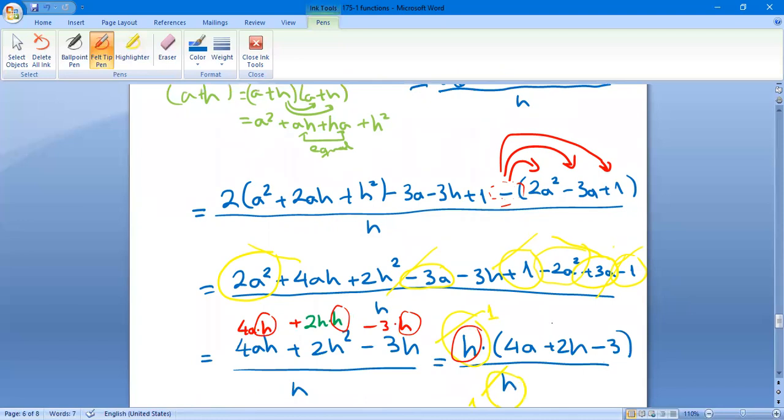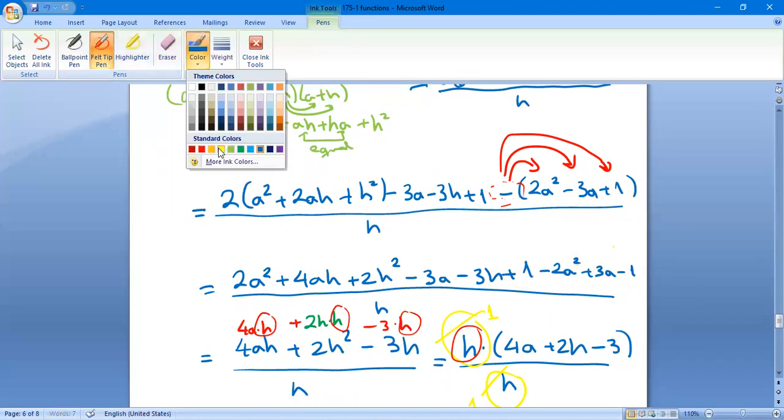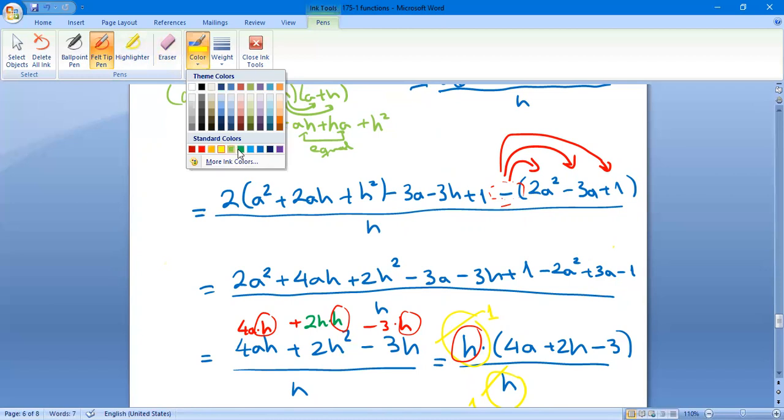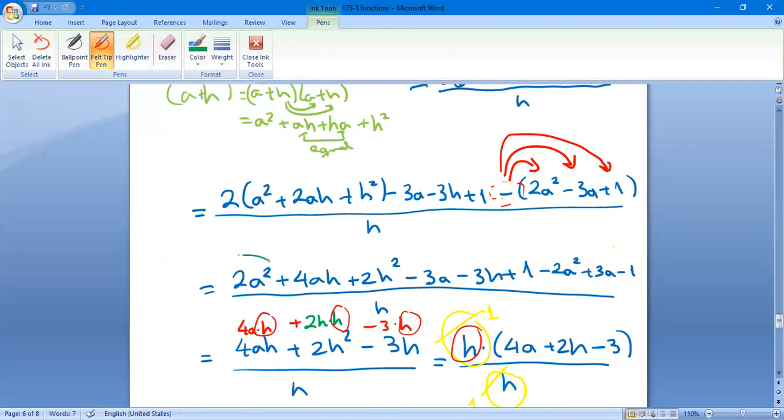Now, when we look at this long expression, there are a bunch of cancellations, by the way. Okay, now I'm going to pick a different color here. So this term cancels with this term.